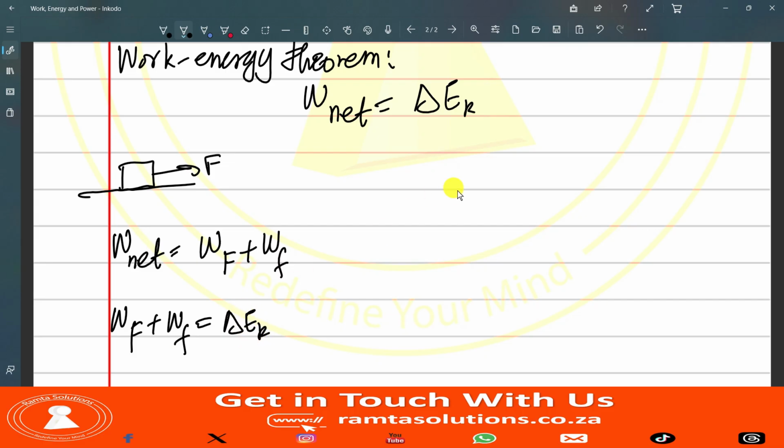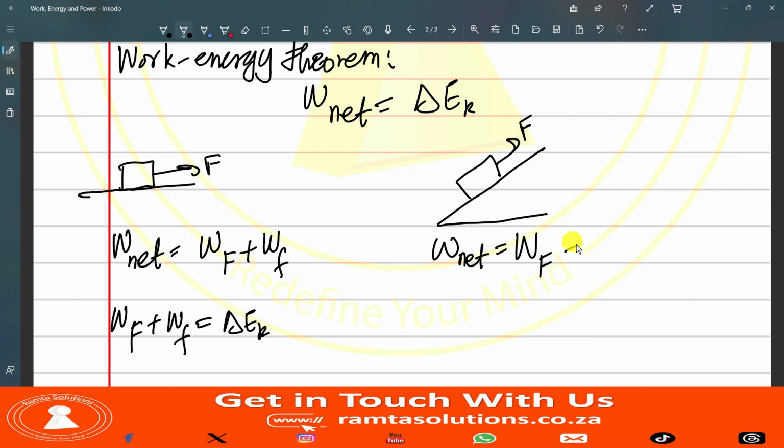Now, what about on an incline? Remember, I drew the free body diagram for this one here. If you use the work energy theorem here, the net work will be, if you recall the free body diagram, the work done by the applied force plus work done by friction plus work done by the horizontal component of gravity, F sub gx.